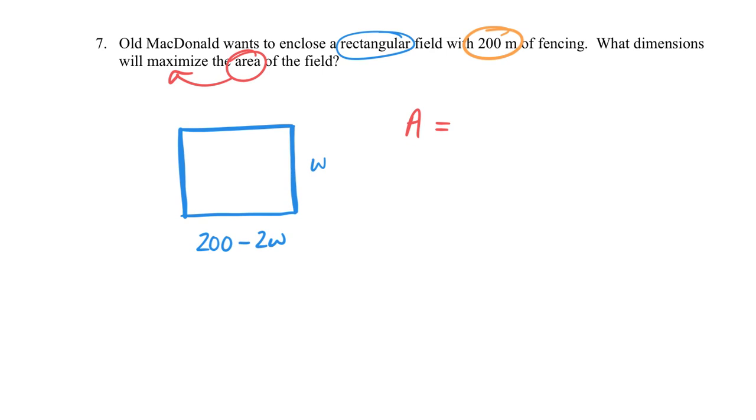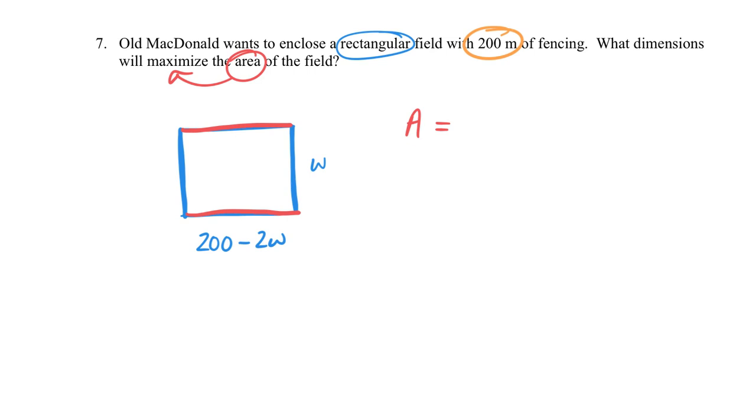Look on the bottom. That's the amount of fence that I have to put on the length. 200 minus 2 W's. If I take my 200 minus my 2 W's, then that's going to leave me with fencing that I have to put on both of those sides. Right? I need to enclose that rectangle.